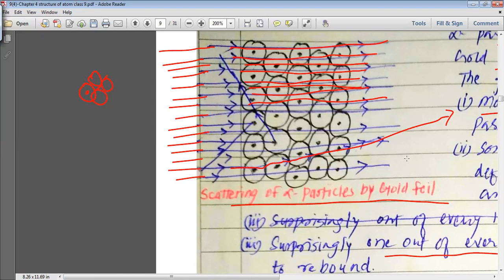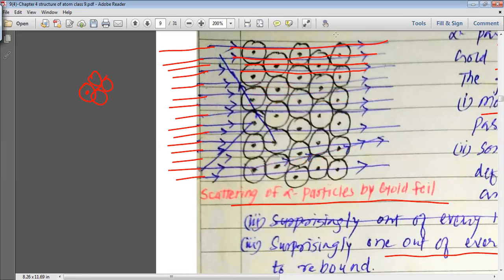So instead of going straight, my dear students, the alpha particle is deflected, and it is deflected to a certain angle. This angle is a very small angle, you can see here, and they are deflected by a very small angle.